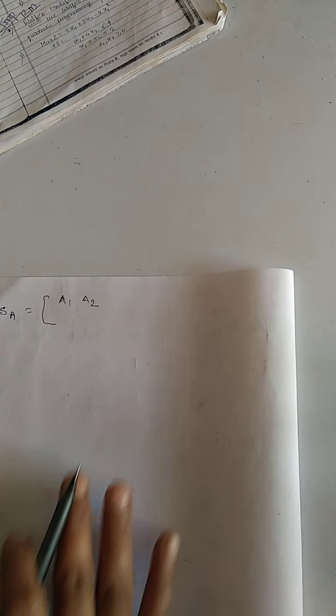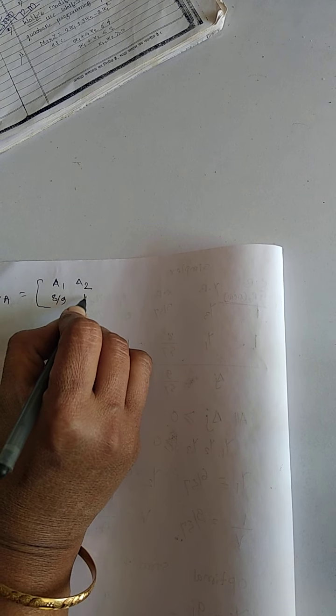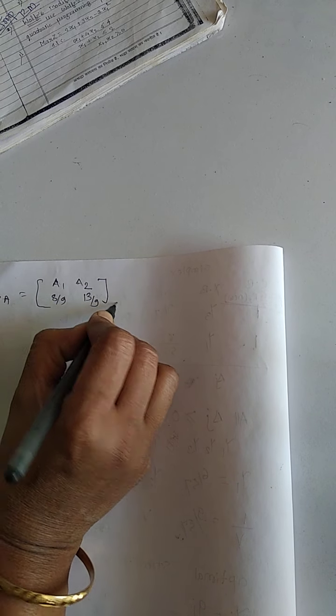And strategy for player A is 8 by 9 and 13 by 9.